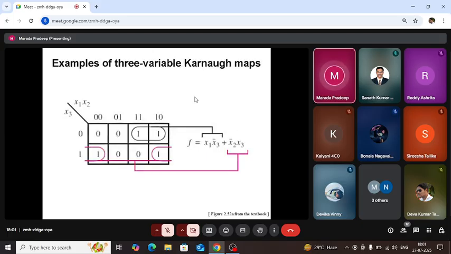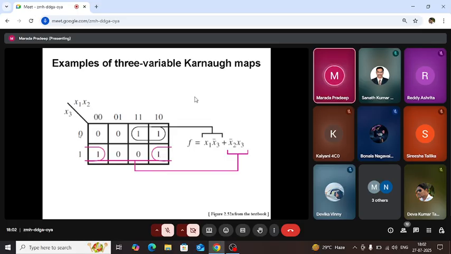Here, see, minterm 3 and 4 are present, and 1 is present.